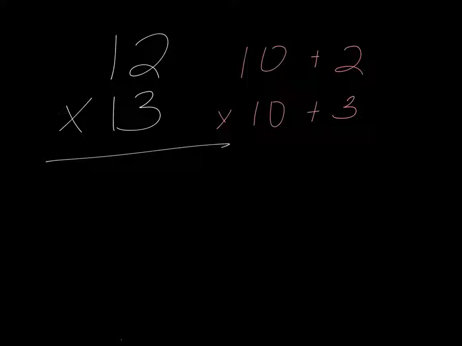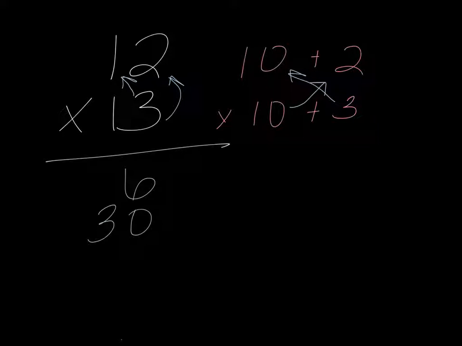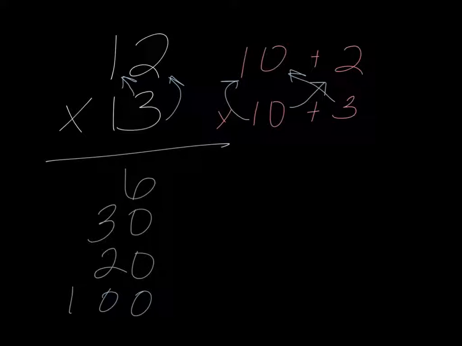We start with our 3 times 2, which would be 6. Then we're going to multiply our 3 times this 1 right here, but this 1 actually means 10, so 3 times 10 gives us 30. Then we're moving to the tens place and the bottom number. We're multiplying 10 times 2, which would be 20, and then we have 10 times 10 for our last one, which would be 100.